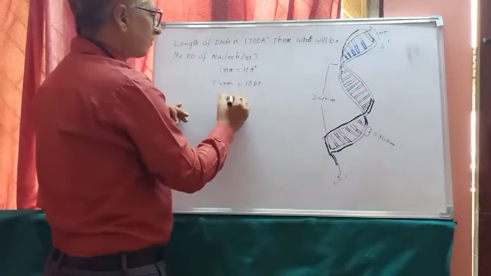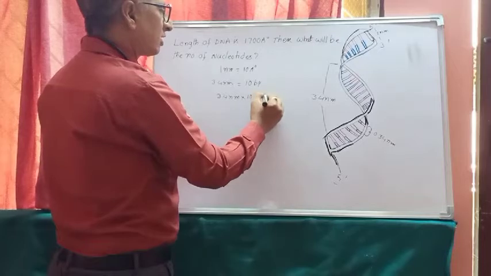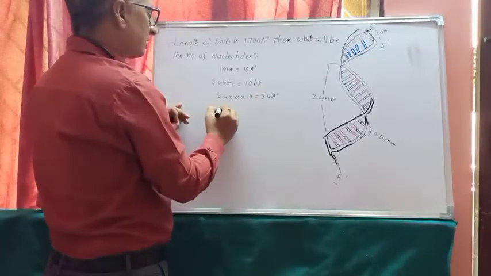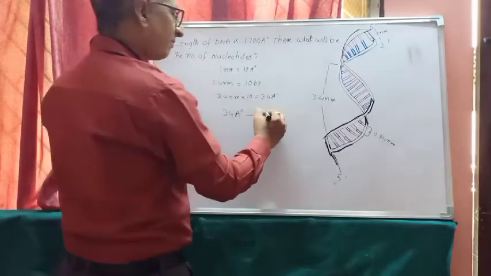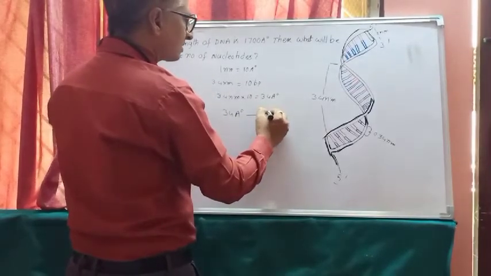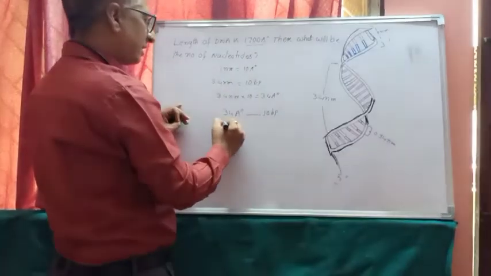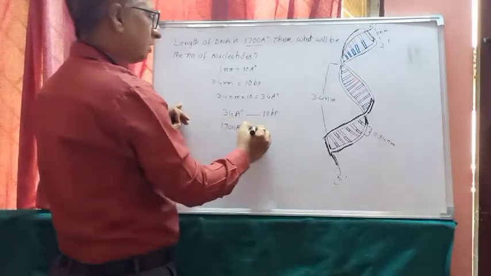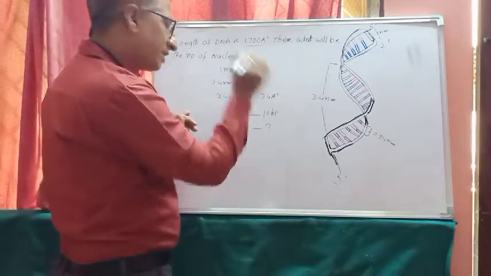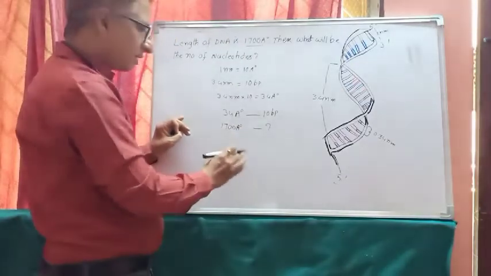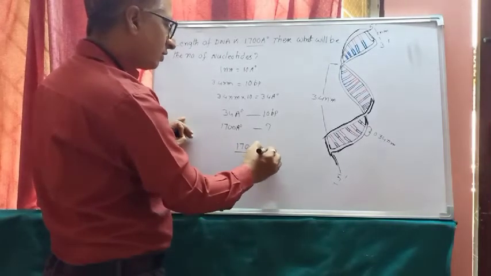So 3.4 nm into 10 is equal to 34 angstroms. So 34 angstroms length has how many base pairs? 10 base pairs. Then what they are asking is 1700 angstroms length: how many nucleotides? First we get the base pairs. So 1700 by 34 into 10.